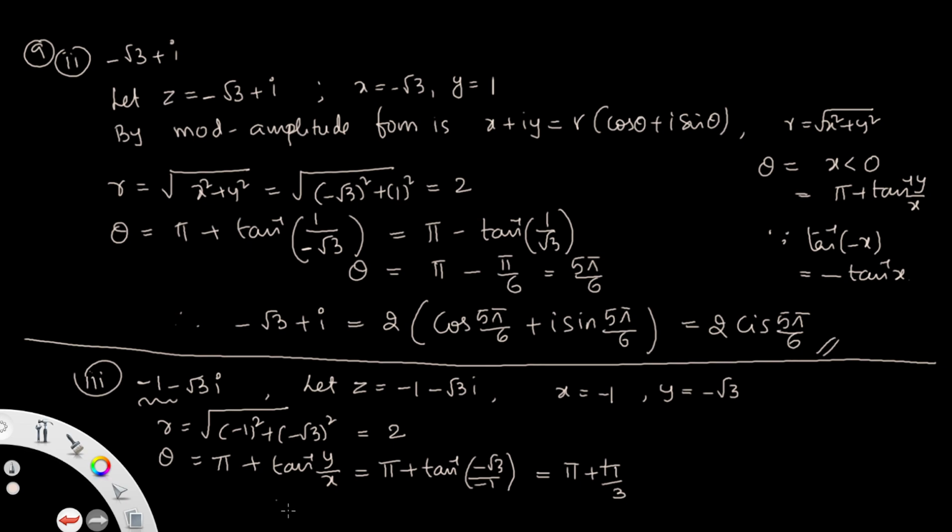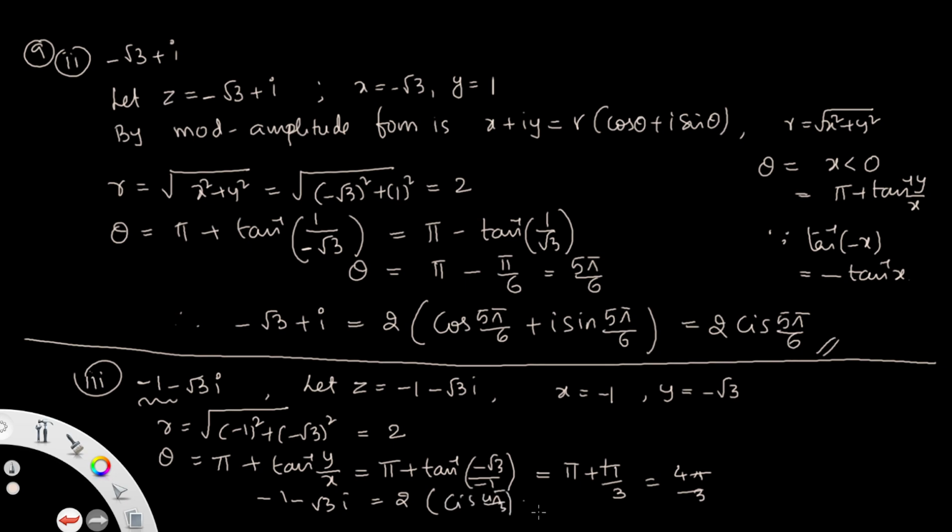Then you get, simplified, minus 1 minus root 3i equals r, which is 2, into cis of 4 pi by 3.